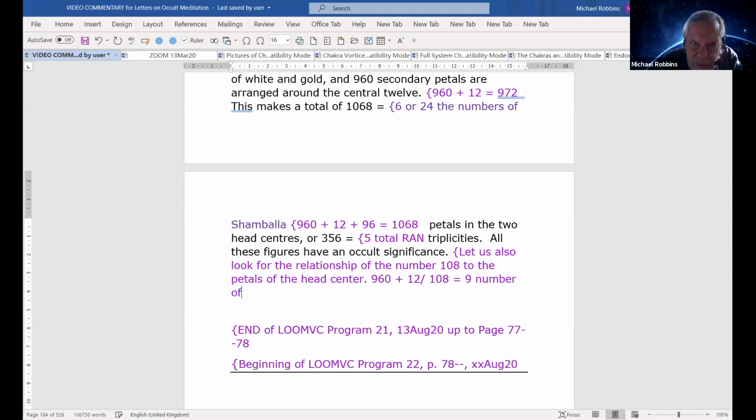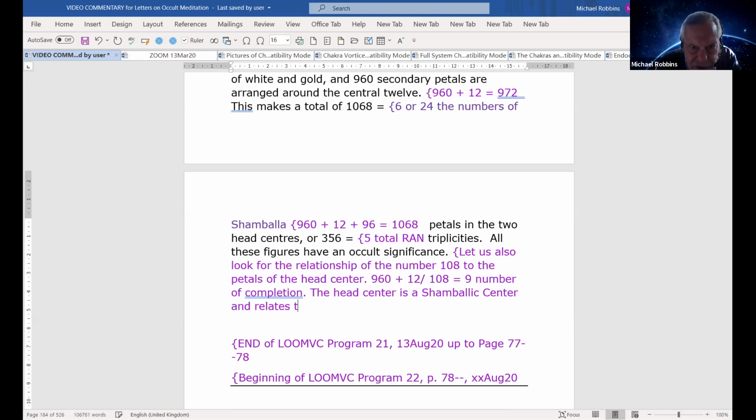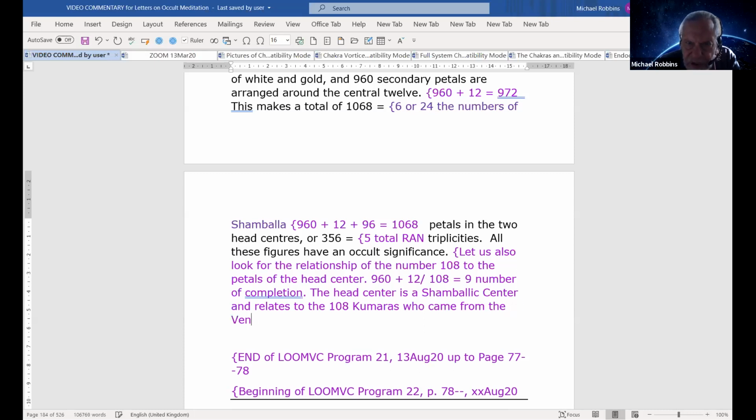And we have to remember that this is a Shambhalic center, and relates to the 108 Kumaras who came from the Venus chain of the Earth scheme.